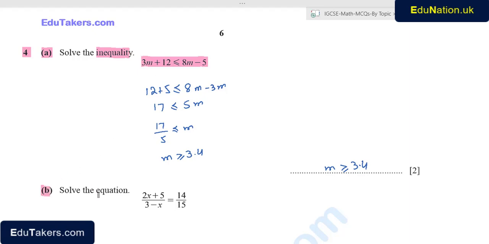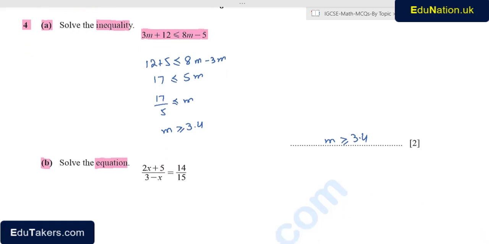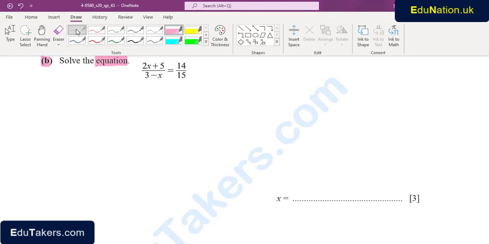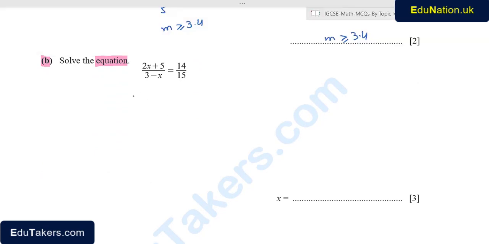It's part B. Solve the equation (2x plus 5) over (3 minus x) equals 14 over 15. By cross multiplication, this will be (2x plus 5) into 15 is equal to 14 into (3 minus x).